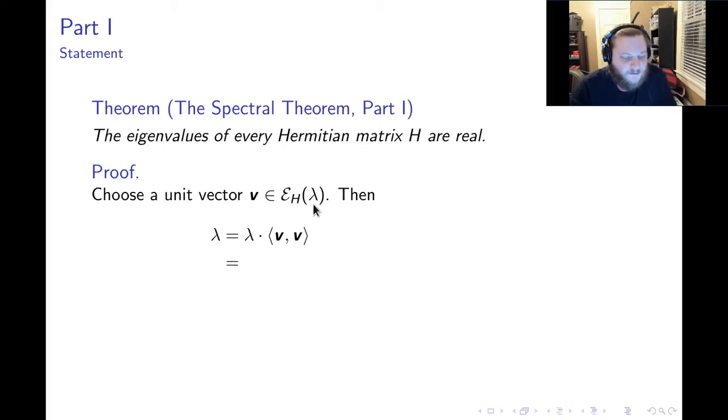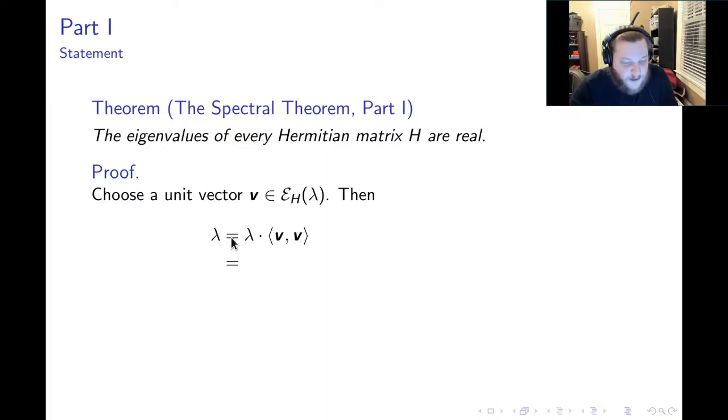Well, the first thing we're going to say is that lambda is the same thing as lambda times the inner product of V with itself. Now, why is that the case? Well, by construction here, we're choosing V to be a unit vector, and the inner product of any vector with itself is always equal to its length squared, which is 1 here.